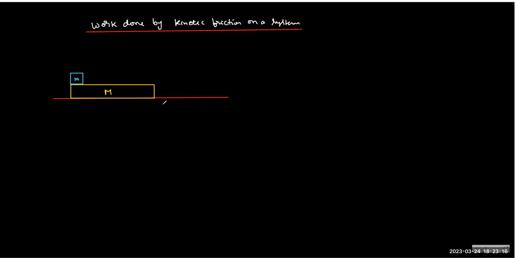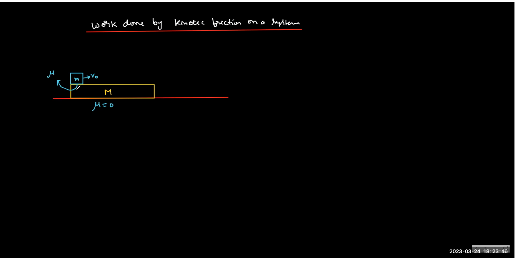Okay, so now this is a situation. What we are going to consider is, let's say the bottom is smooth, and the blocks have friction. Let mu be the friction coefficient between the block and the plank. Now I give some velocity v naught.